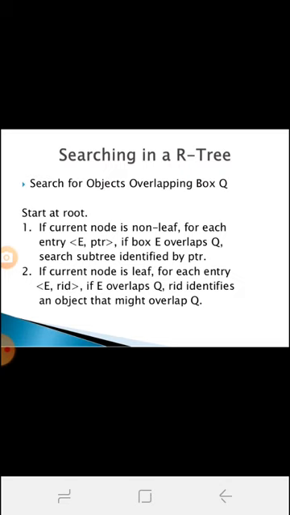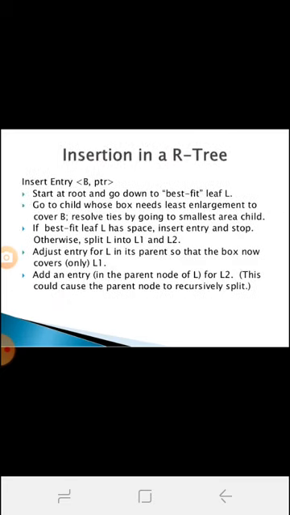Then searching, how R trees are searched. If the current node is non-leaf, then for each entry check whether it overlaps. If the current node is a leaf, then for each entry identify the objects that overlap. Then how to insert into the tree?